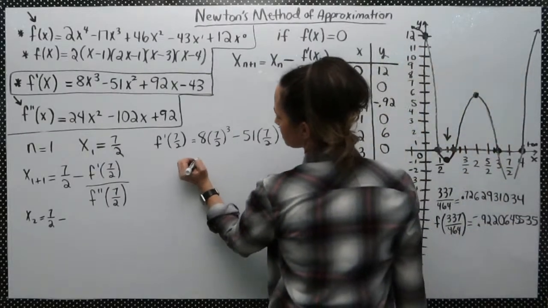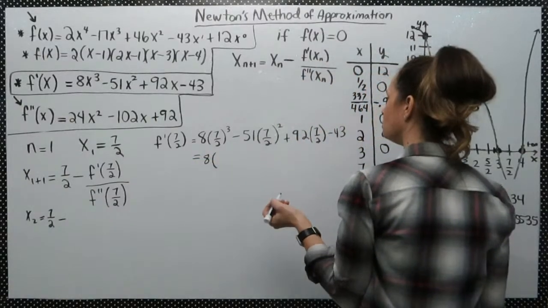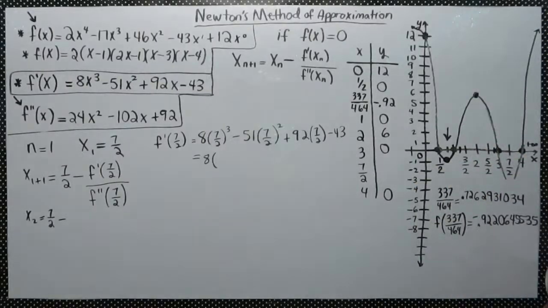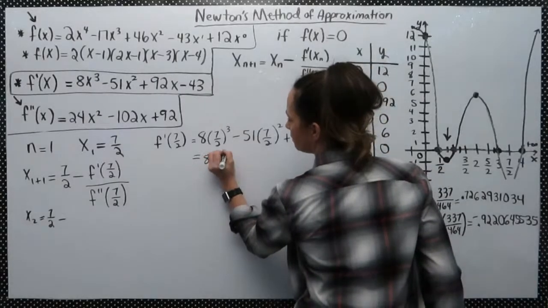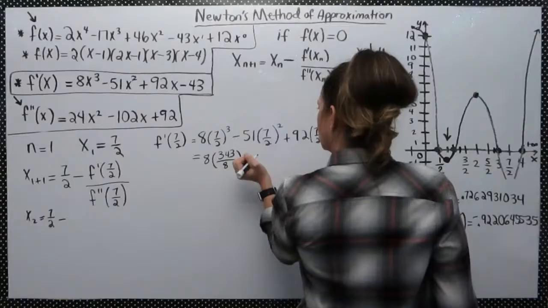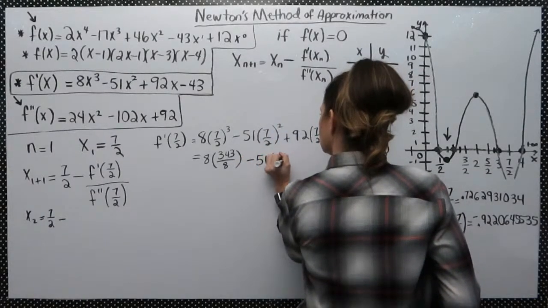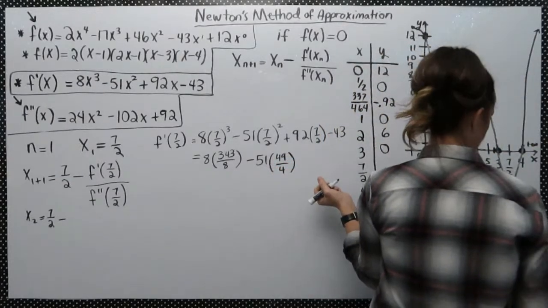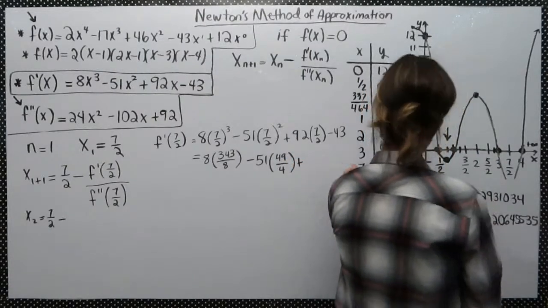Let's see how much of this we can do by hand. This is 8 times 7 cubed. 7 times 7 is 49, 343. 343, 2 cubed is 8. Minus 51 times 7 squared, which is 49, over 2 squared, which is 4. Plus, let's see, 92 times 7.